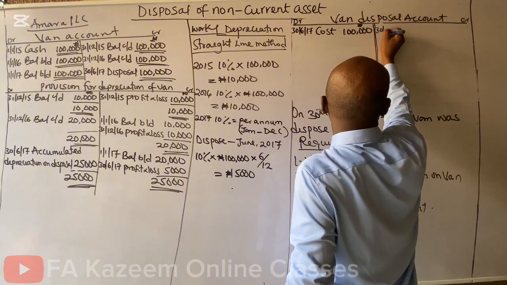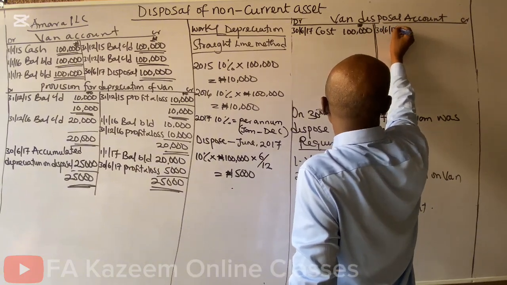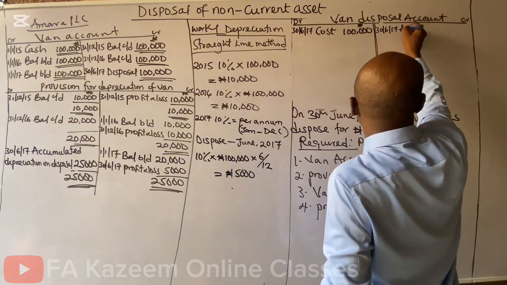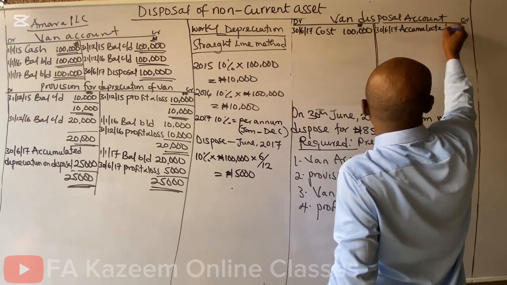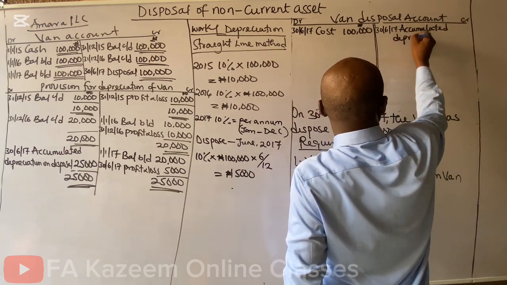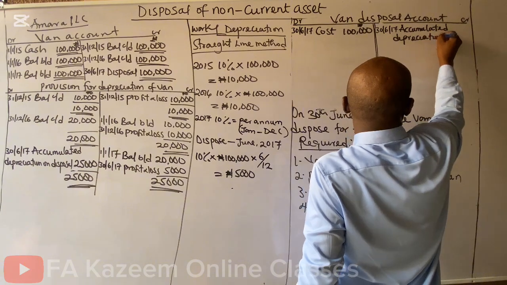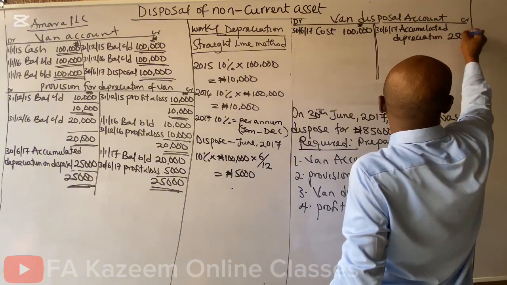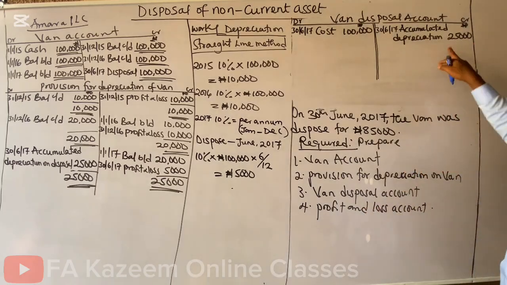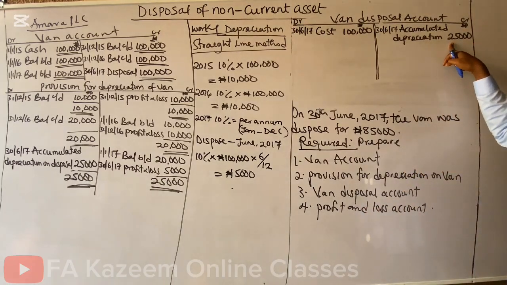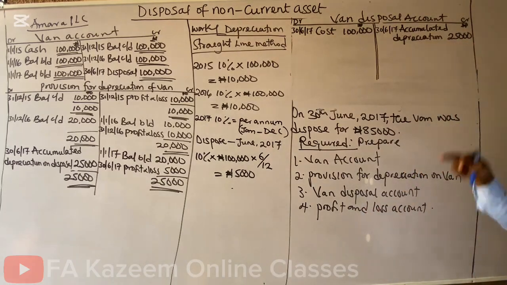That's 30th June 2017. We call it accumulated depreciation. How much have they set aside? 25,000. Meaning the company has kept 25,000 for this asset.